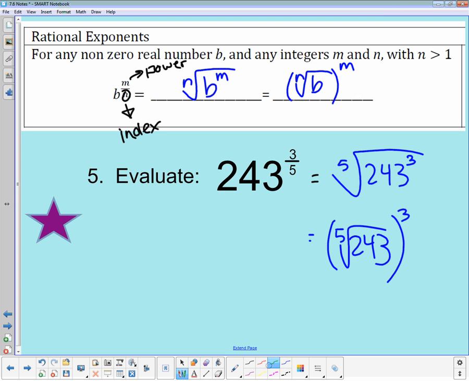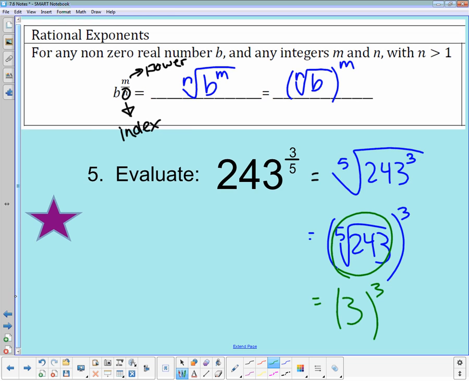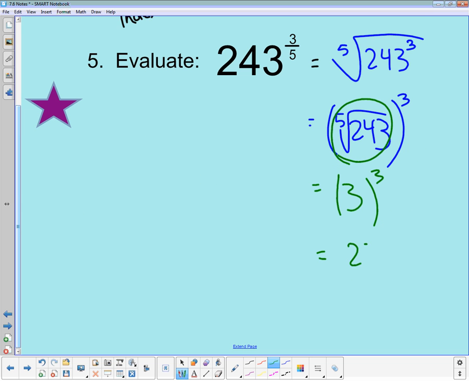Well, this I can plug into my calculator. When I find the 5th root of 243, I'm looking at 3. So I have 3 raised to the 3rd power, which is the same thing as saying 27. Okay, so turning those rational exponents into radical form.